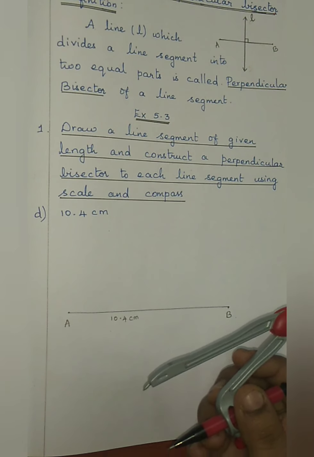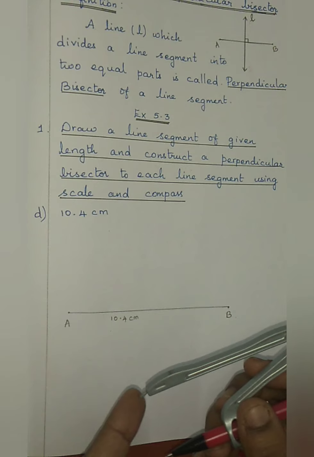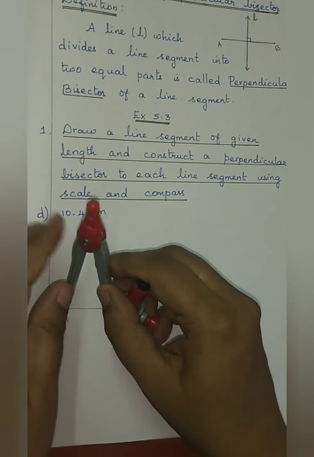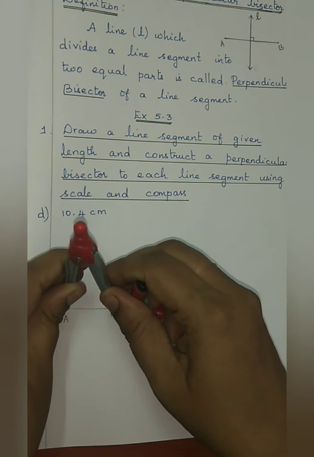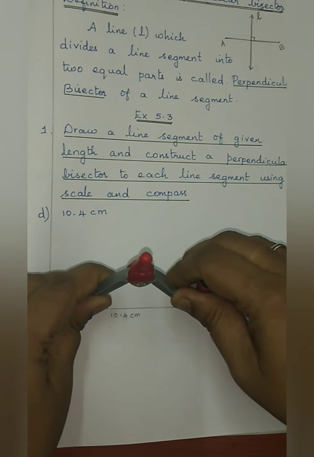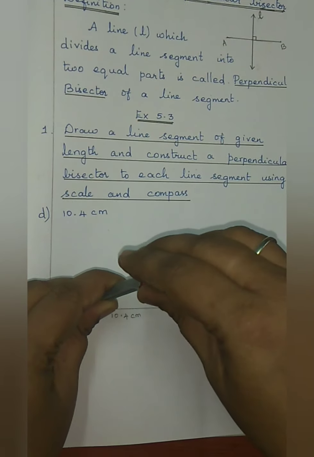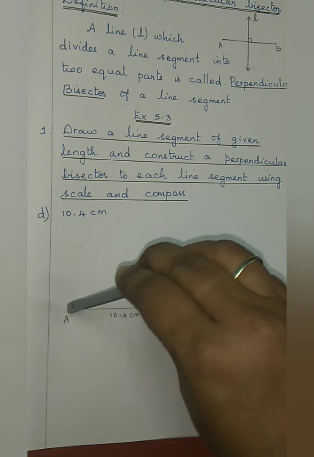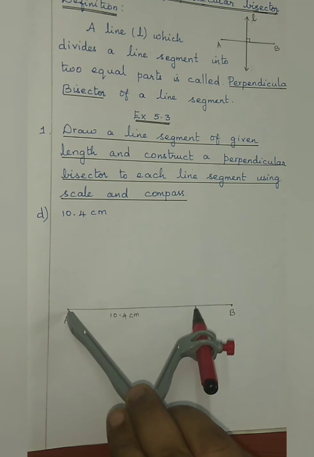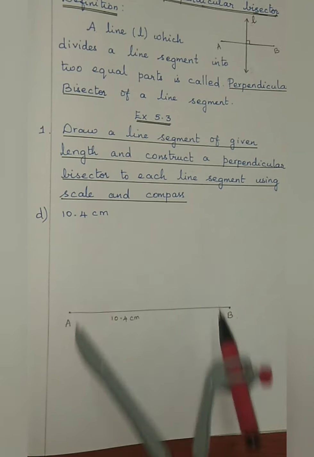Take your compass, keep the pointer of the compass at A and extend the compass. Take more than half of AB.